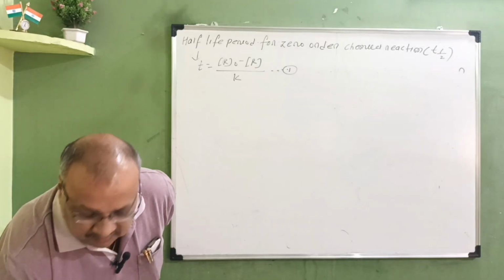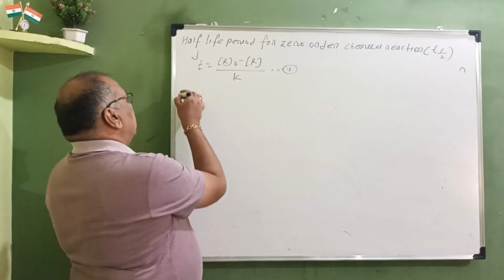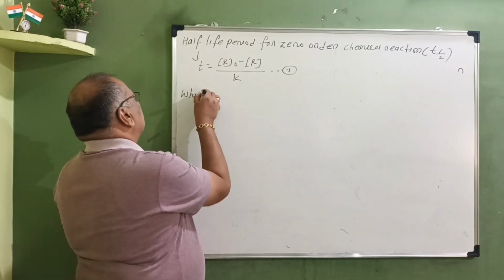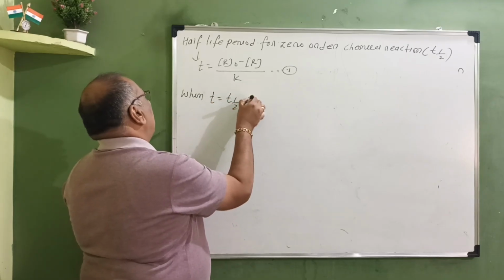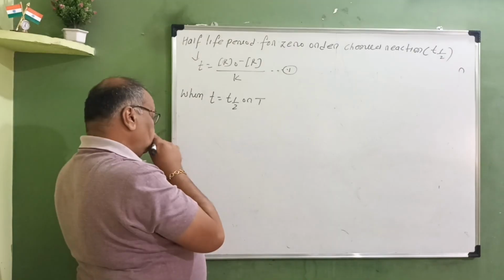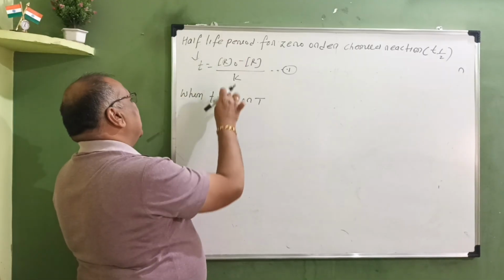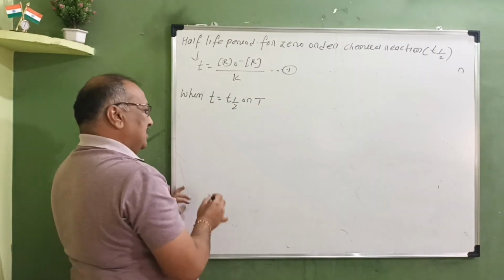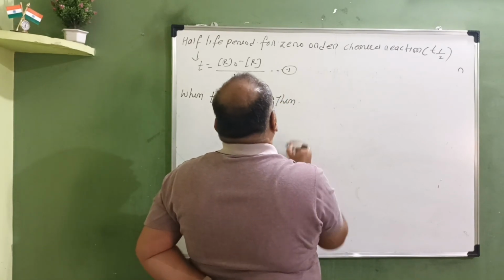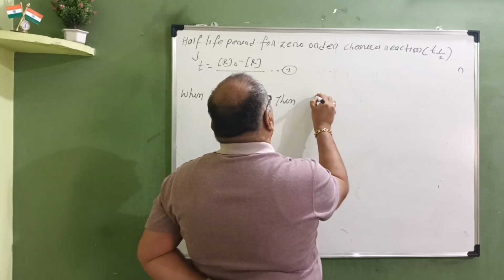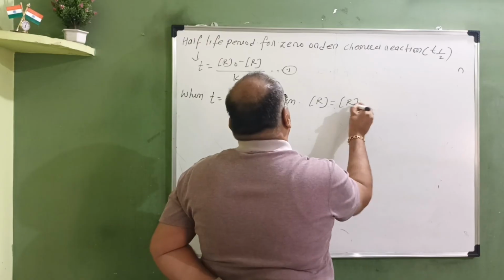Now when T is equal to T half or capital T, keep in mind half-life period is represented as T half or capital T, then half of the reactant is converted into product.